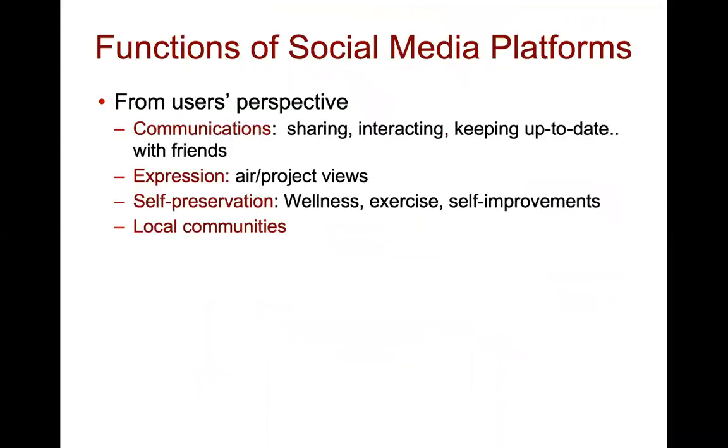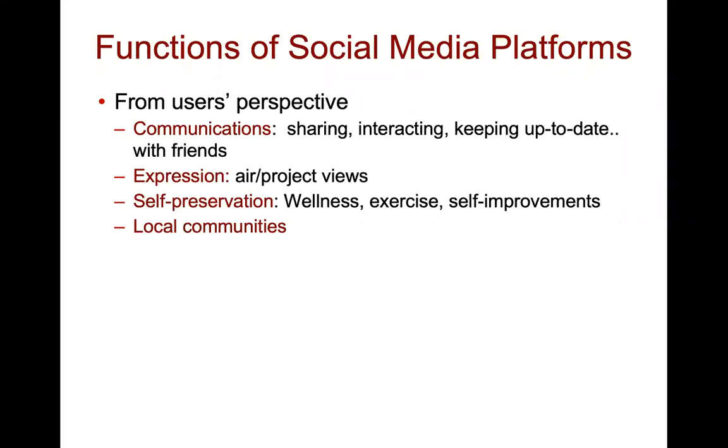Okay, so what are the key functions of social media? Of course, communication, which it was built for in the beginning: to share something, to interact with people. Twitter, for example, got used for updating people and interacting with the press. But we also want self-expression.